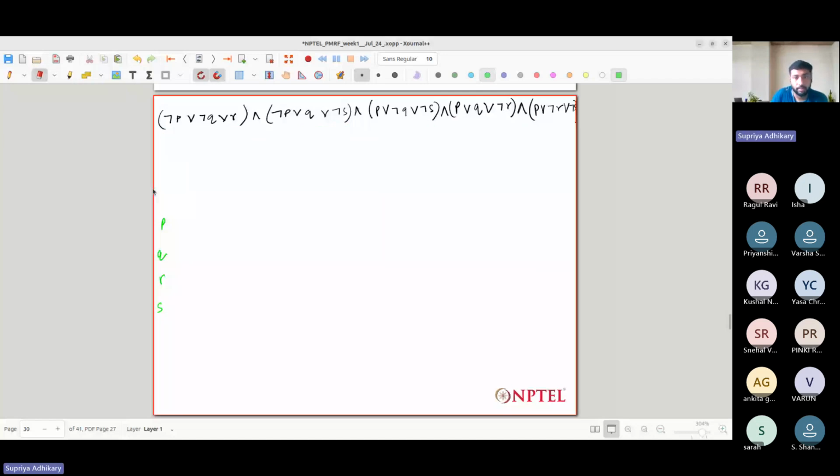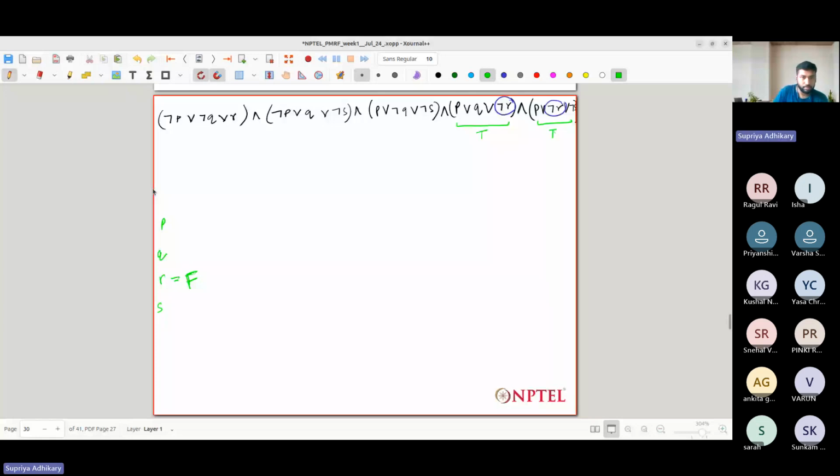Okay. So let's say that we assign the value false to R. If we assign the value false to R, then the negation R over here is a true value. So these two clauses already got the true values.